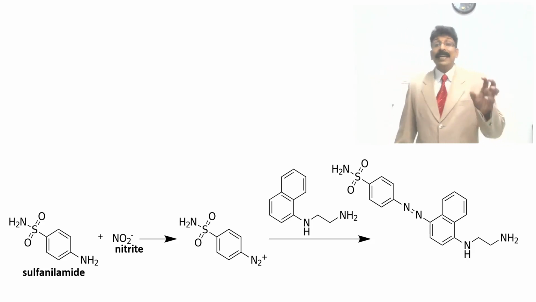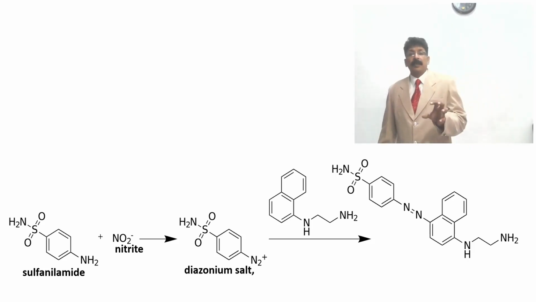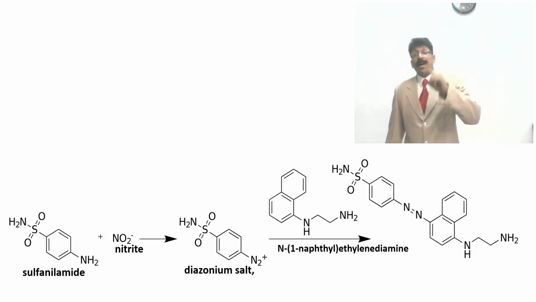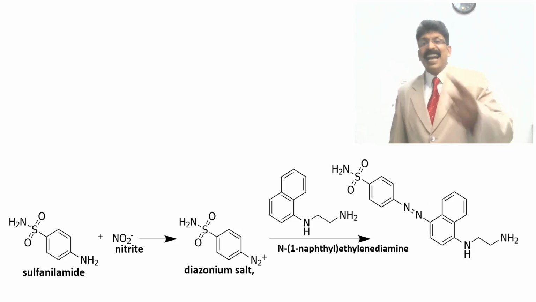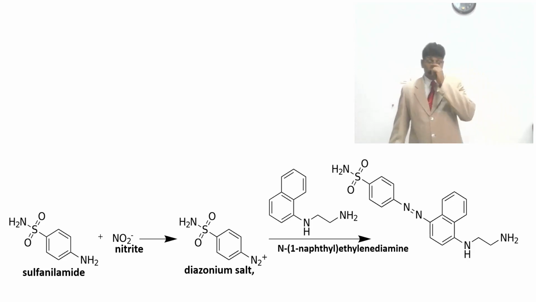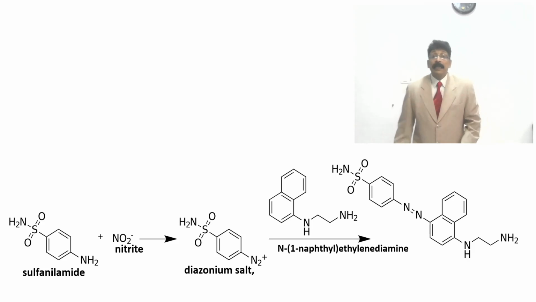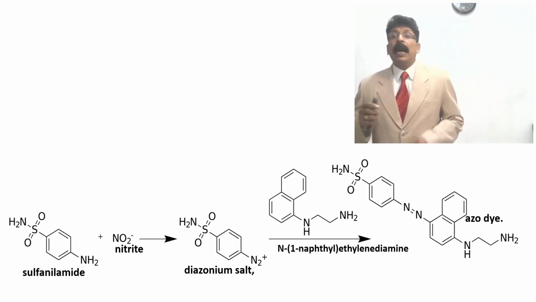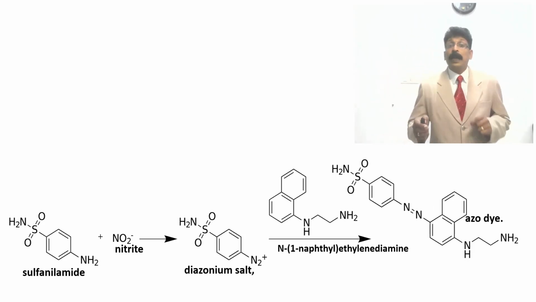Then it will first form the diazonium salt, N2+. You can see the diazonium salt in the structure, and it will react with the reagent N-1-naphthylethylenediamine, and coupling will take place and you get the azo dye.